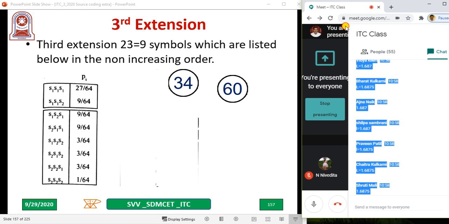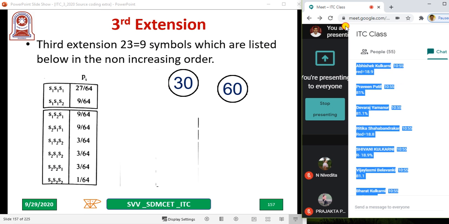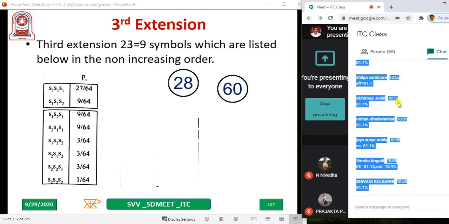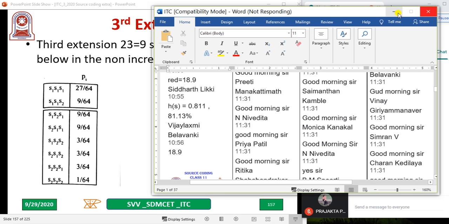Divide into 2. First step I have told, assign 1 and 0. Then again divide. Continue the process until further division is impossible.